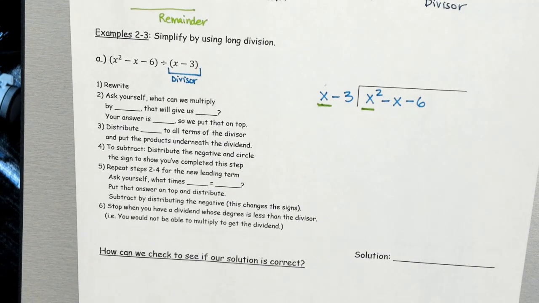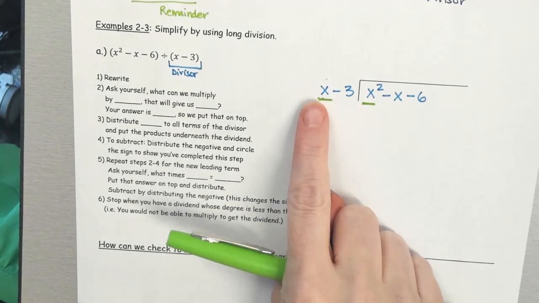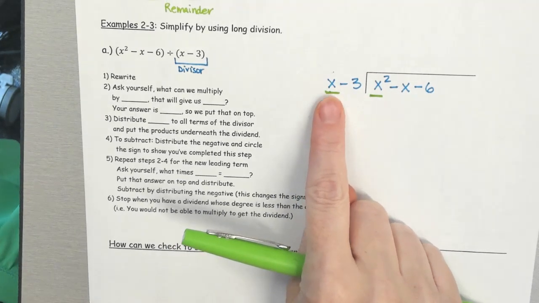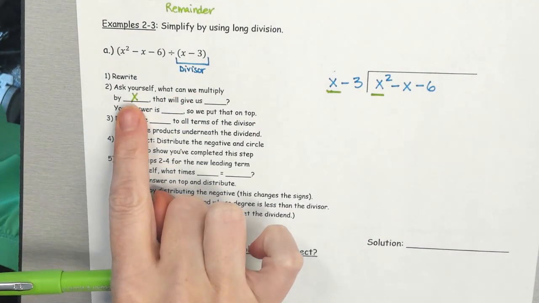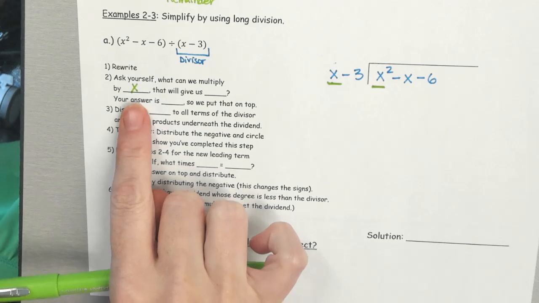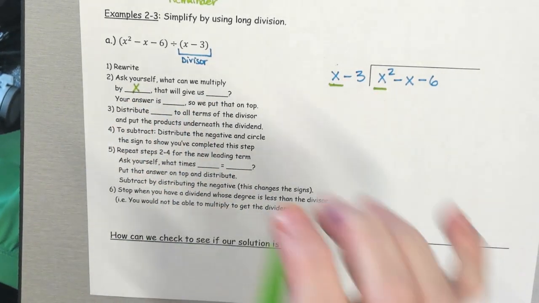And there's 2 ways that you can think about this. So when you're doing this with numbers, you really do think about like the 3 times 3 is the 9. And so a lot of times the books teach it that way. So you can ask yourself, what do you multiply by x? And I wrote this here to help you if you get stuck. So ask yourself, what can we multiply by x that will give us x squared?